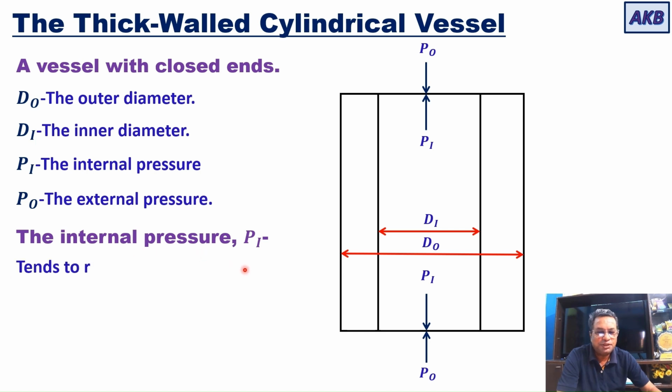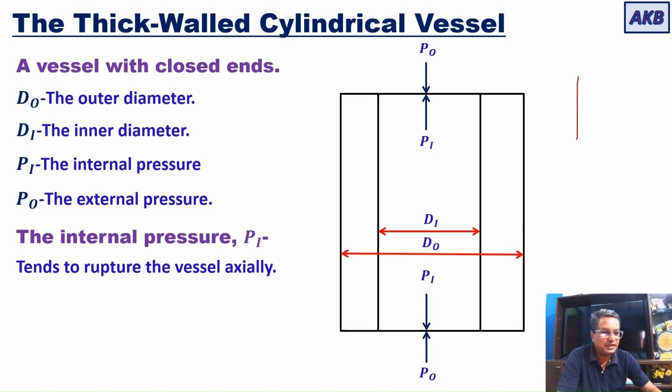Now the internal pressure PI, you can easily understand by looking at this diagram. The internal pressure PI tends to rupture the vessel axially.